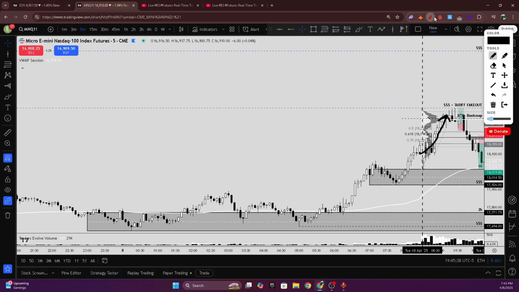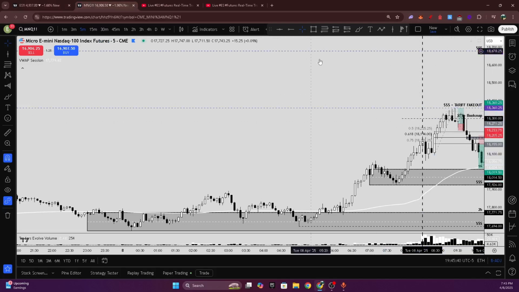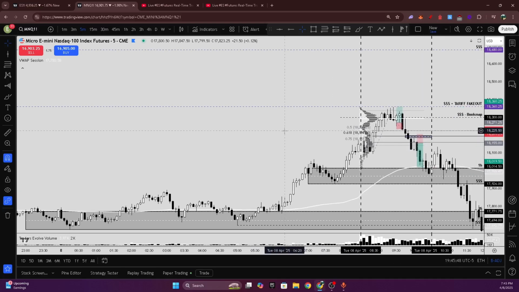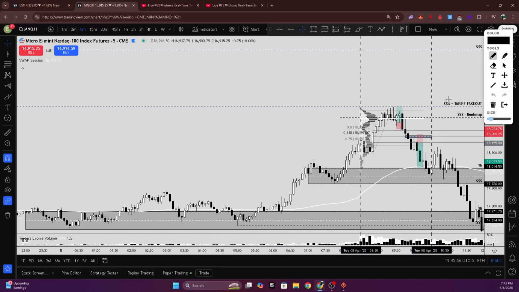Now, the same stands for NQ. As you see, we had a small retracement, but overall sentiment was up and we expanded up right at market open. Now, let's take a time to think, why did that happen? Well, what do we have above? We have our tariff liquidity.